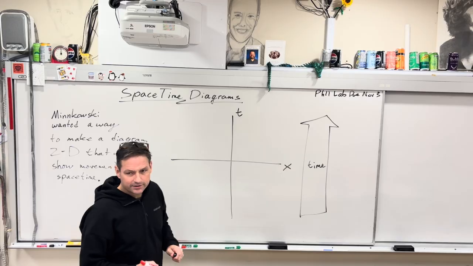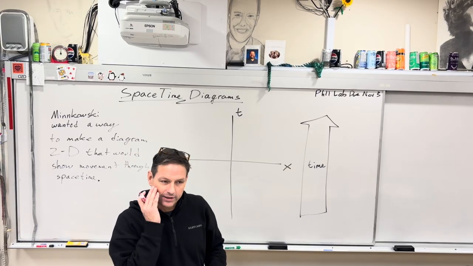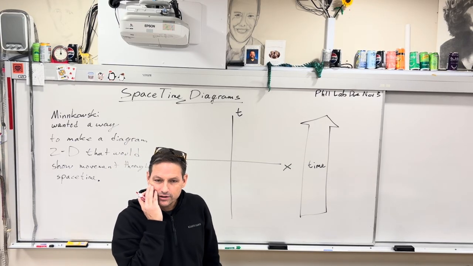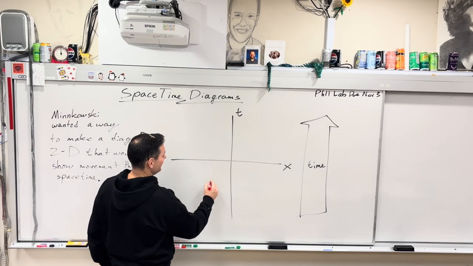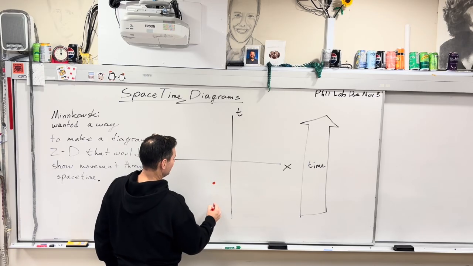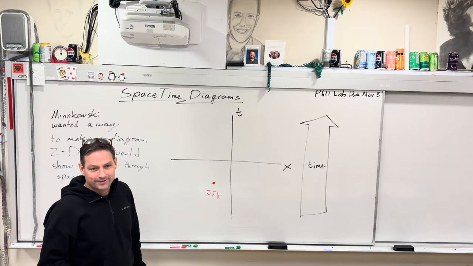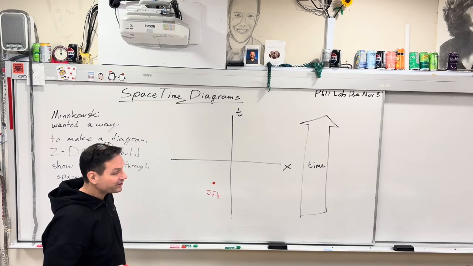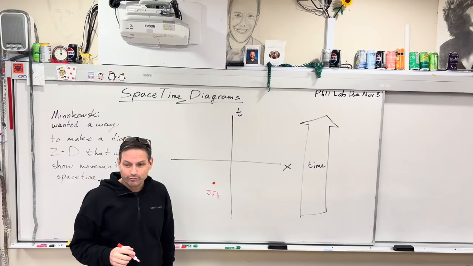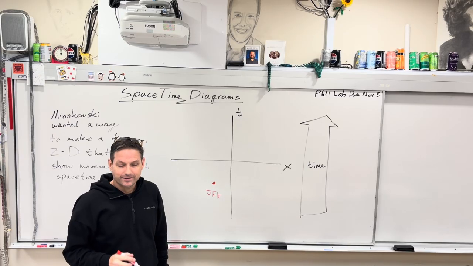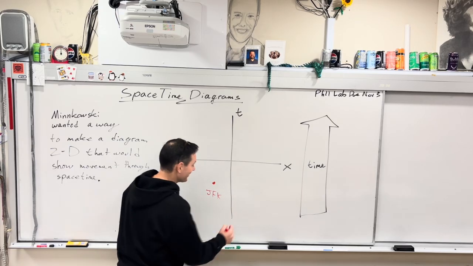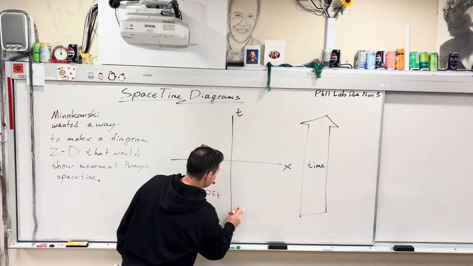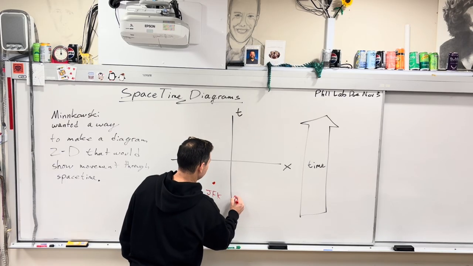Let's say, tell me an event, any kind of something that happened. Kennedy's assassination. Okay, let's put that here, JFK. Give me a different event at another time in another place. Jesus was born. Okay, let's say Jesus is here in the Middle East.